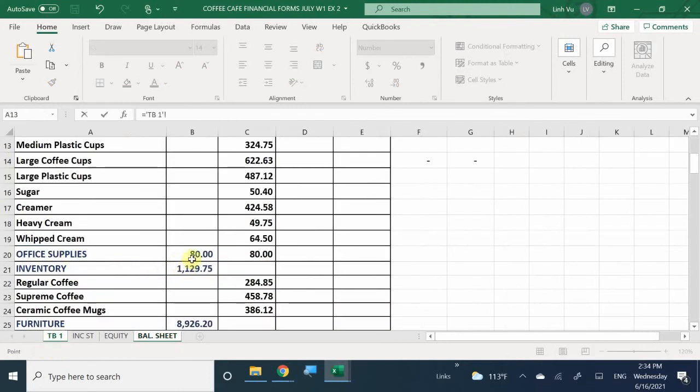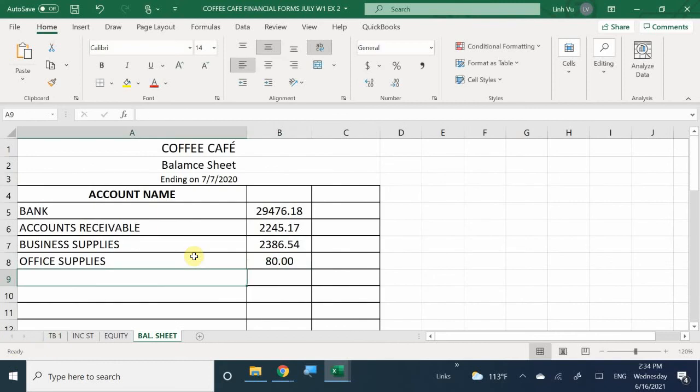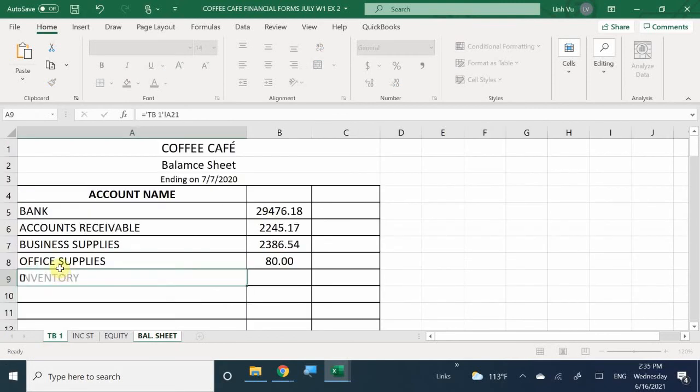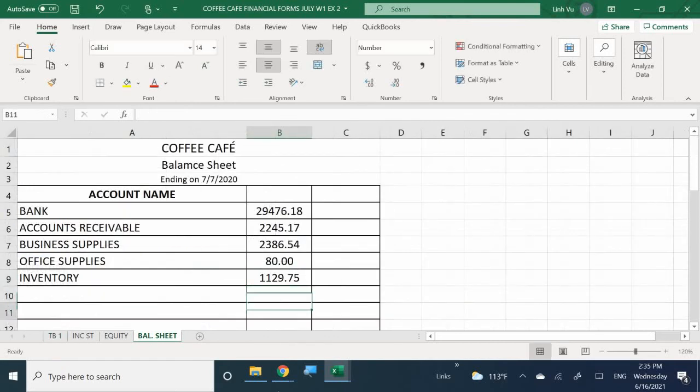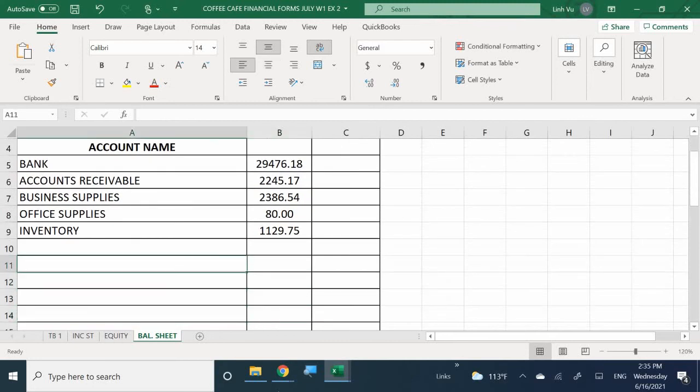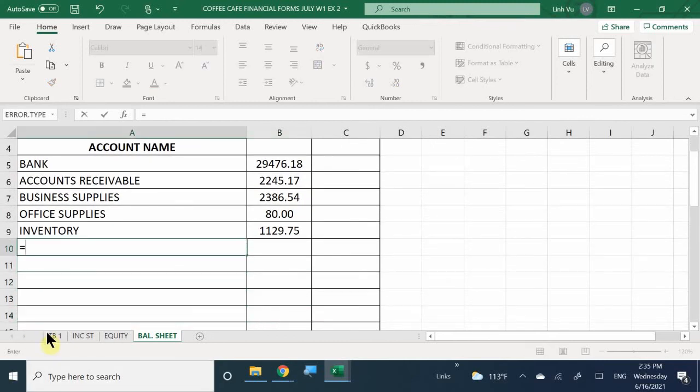Inventory for $1129.75. Furniture for $8926.20.